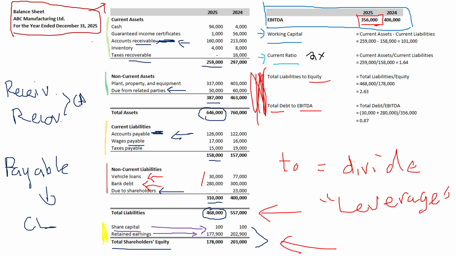And yeah, I would encourage you to pause the video and calculate the same four ratios for 2024, because the ones I presented here are all for 2025. Take a moment to maybe rewatch it a little bit, try to do it for 2024, pause the video, and I will show you the answers on the next slide.